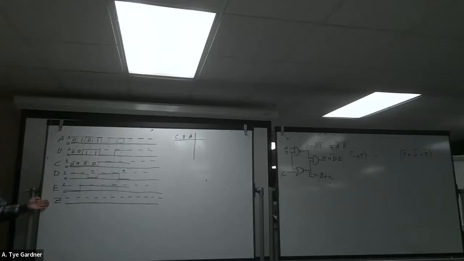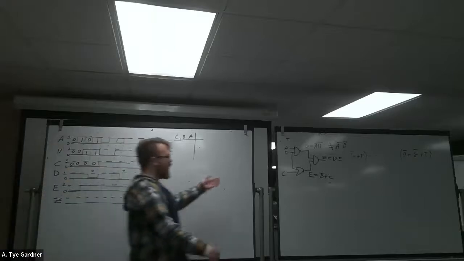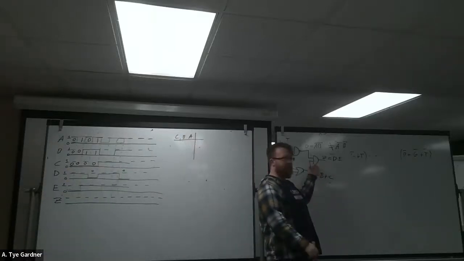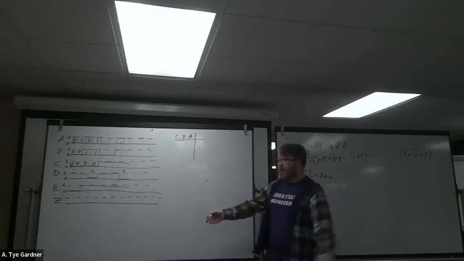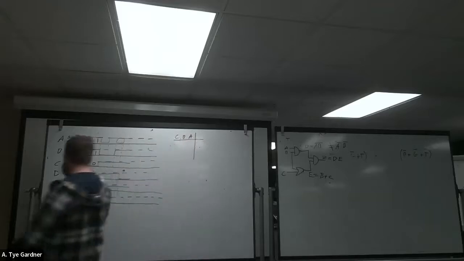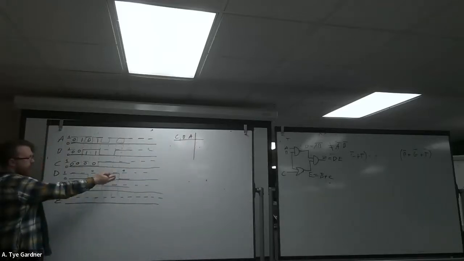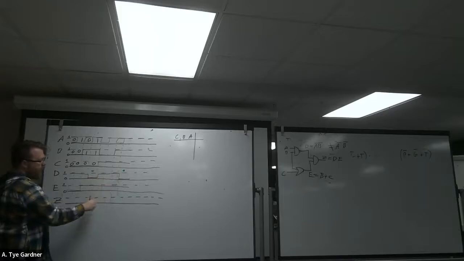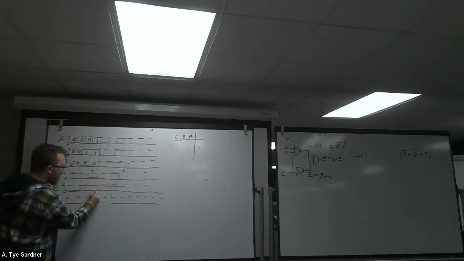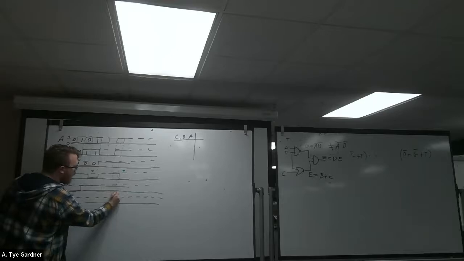I've decoupled it because I've written these intermediate signals, and the only thing I have to look at is D and E. Well, more specifically, is it D and E? It is. The function Z is D and E because it's going through an AND gate. And now I just look at D and E. I do that operation, and anywhere that they are both true, here, it's going to be true. So starting here and ending there.